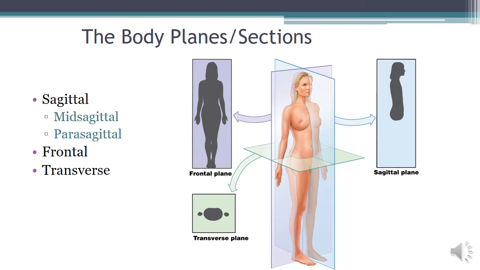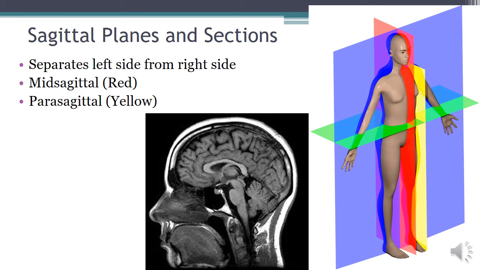So there are three types of body planes and sections: the sagittal plane, the frontal plane, and the transverse plane. A sagittal plane is going to be a plane that separates left and right, the left side from the right side. So you can see two sagittal planes here.